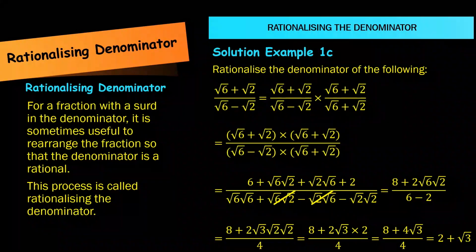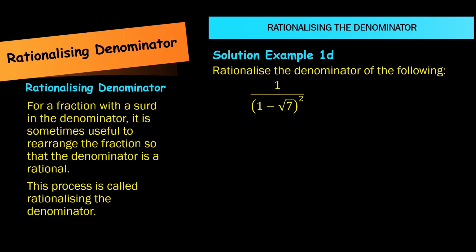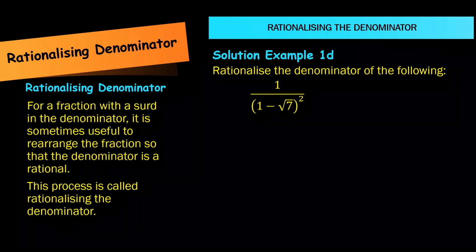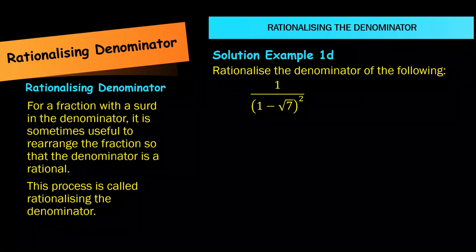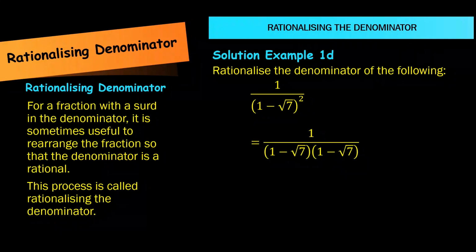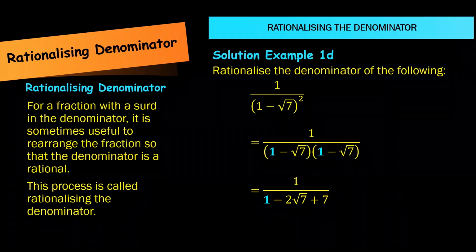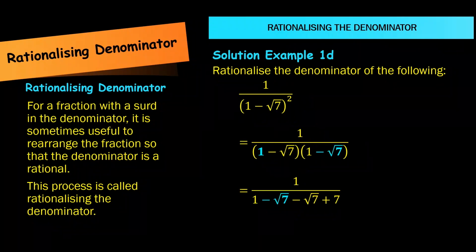And now for part D. We are required to rationalise the denominator of 1 divided by 1 minus root 7 all squared. We can express this, of course, as shown on your screen. And then expanding the denominator, we have 1 minus root 7 minus root 7 plus 7.